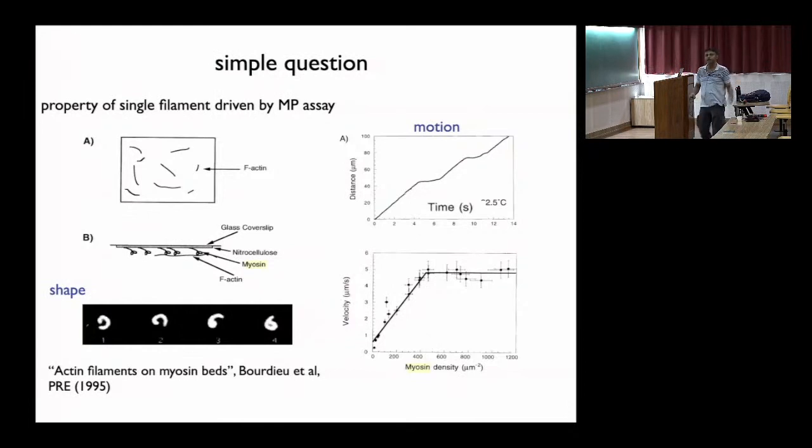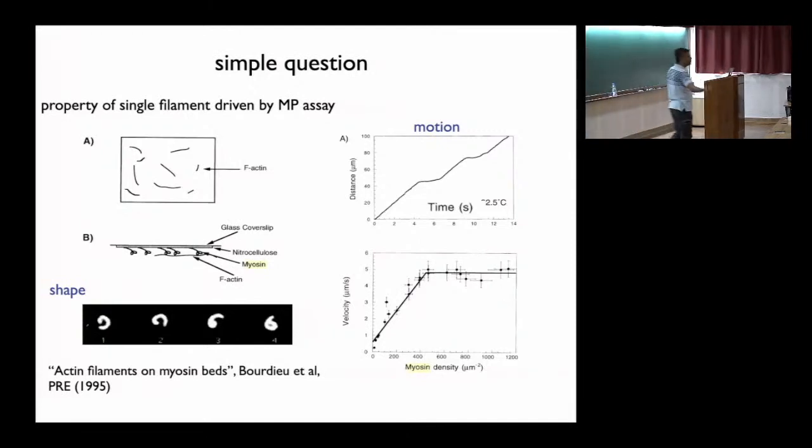A third behavior is about the shape of each individual filament. These filaments are semi-flexible in the sense they have a bending rigidity. Typical persistence lengths are like 17 microns, and under this molecular motor drive, what you see is that they start to get into this helical shape.